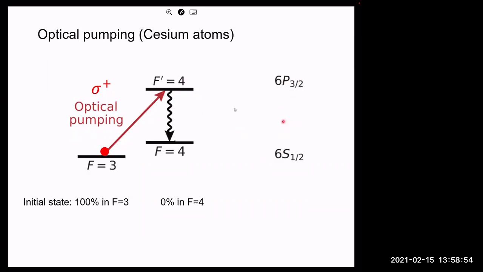In the beginning, let's assume all the particles are in the lowest state, so 100% F equal to 3. Then we turn on the light, and the atom can be excited to F equal to 4, and then it can decay to F equal to 4, which is the other ground state.